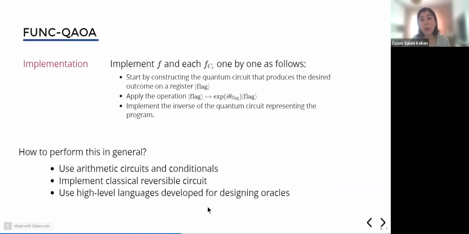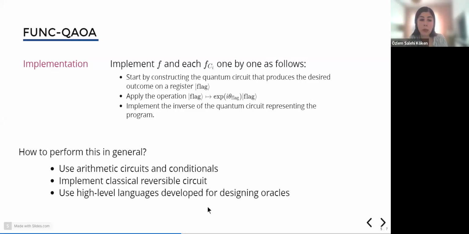And so you may wonder how we will perform this in general, how to implement those quantum circuits from the classical program. Most of the time, those operations are arithmetic or conditional operations, which are already known how to implement, like quantum addition or quantum subtraction.